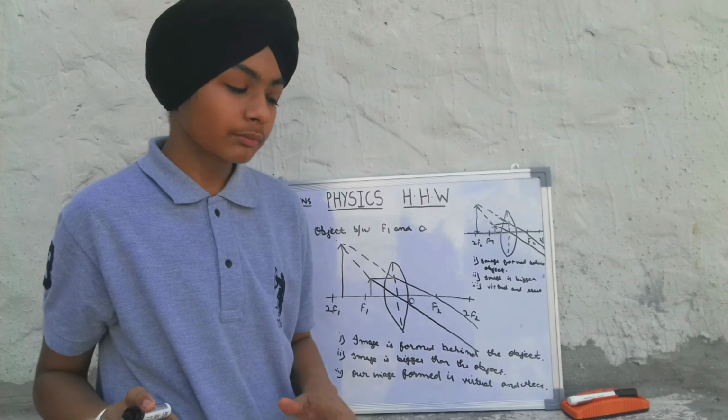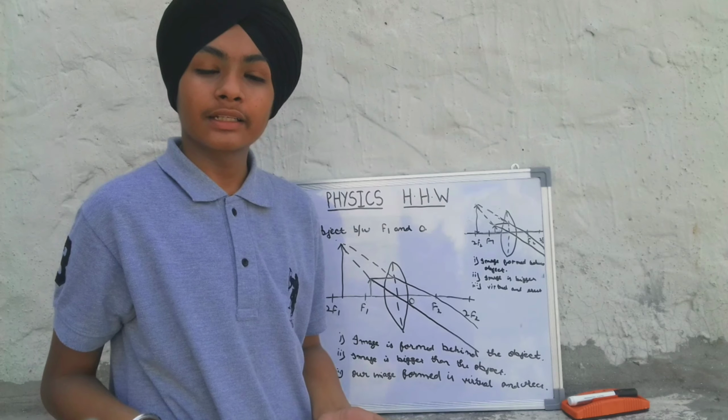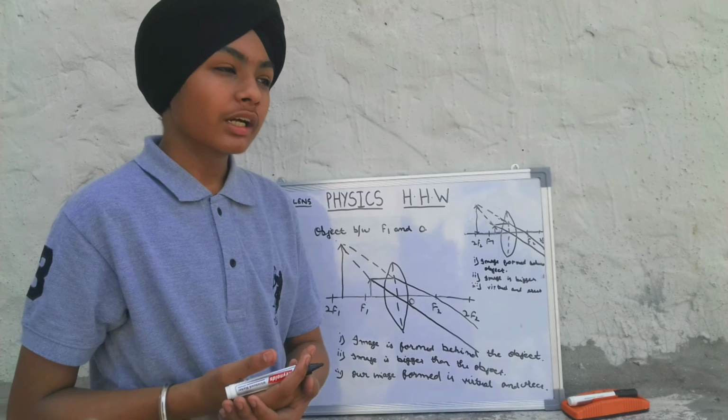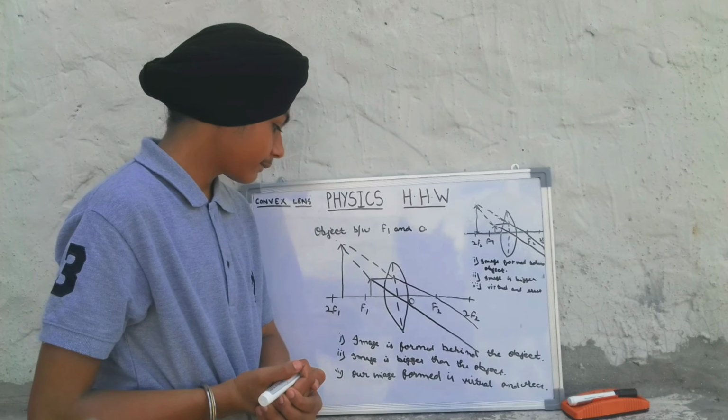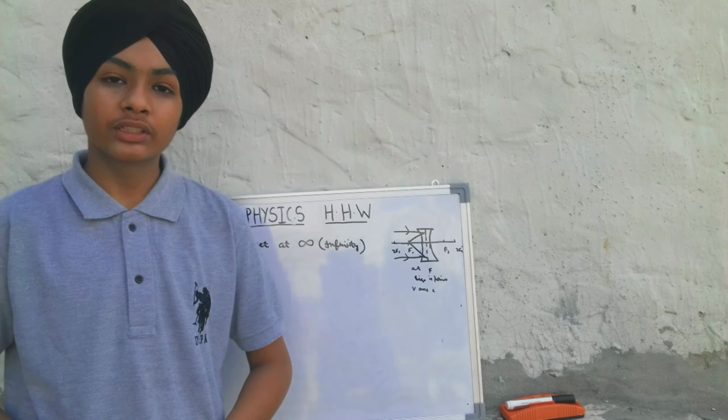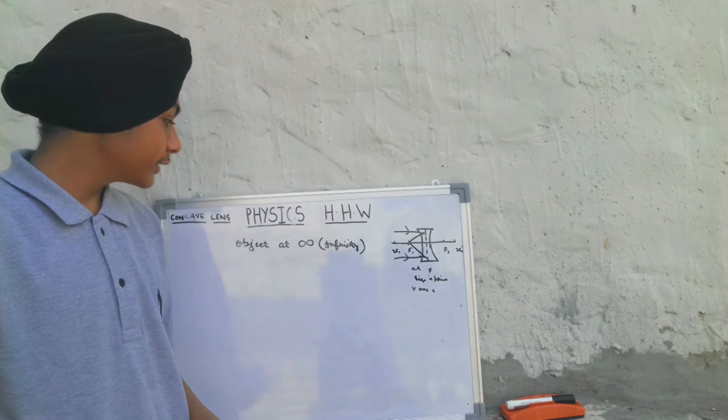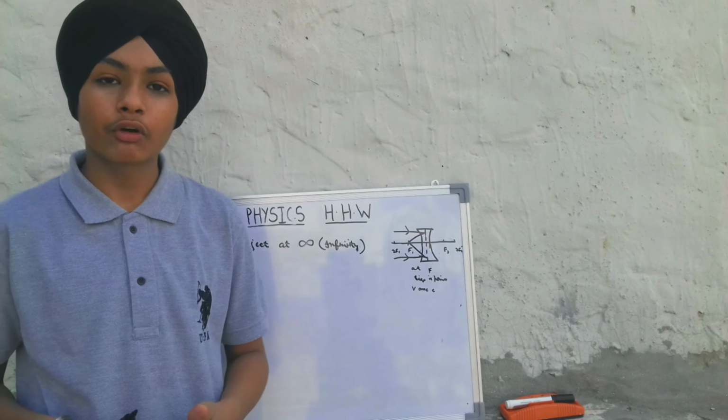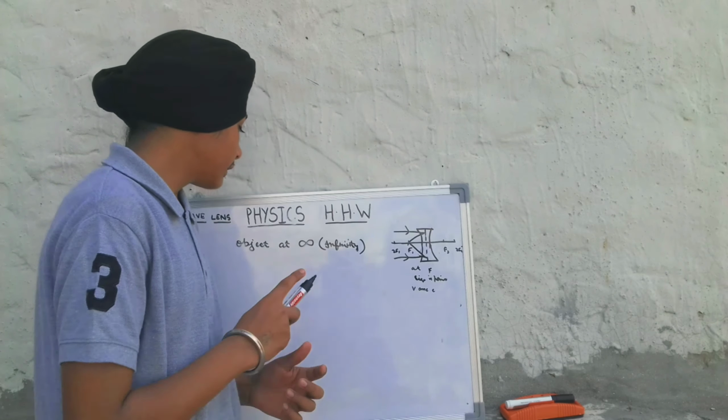Now let's move to the third case, or first case of the concave lens. Okay, so we move on to the third and last case, which is the concave lens, and it is different from the convex lens.